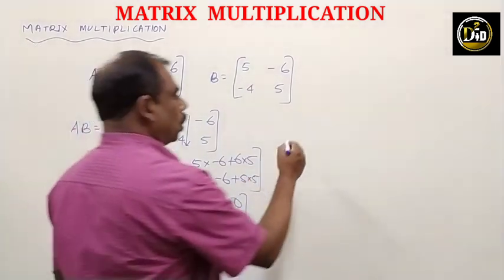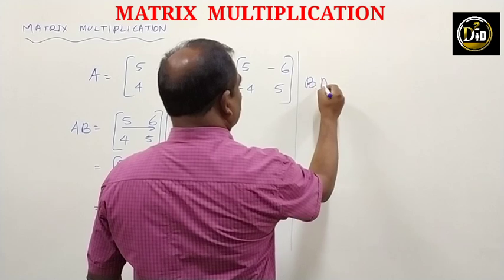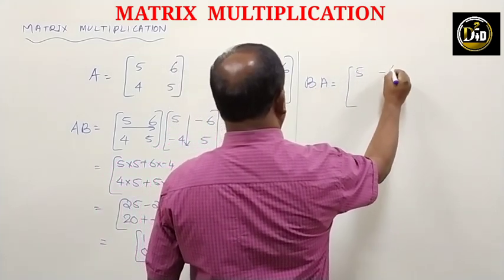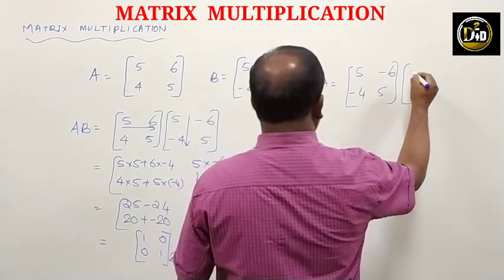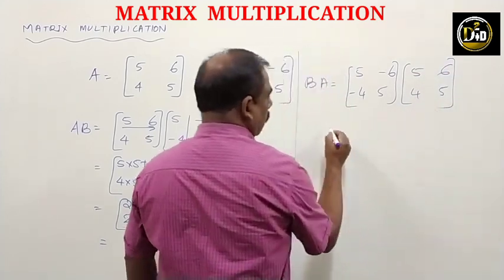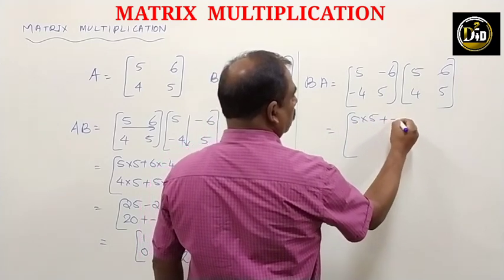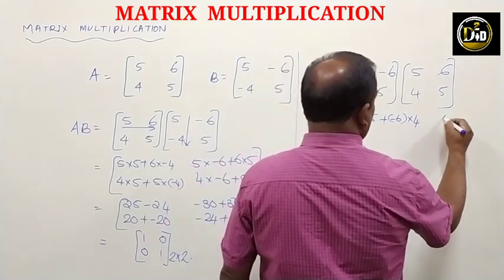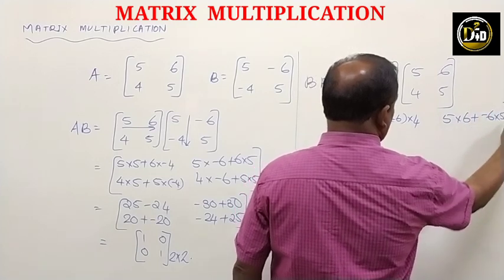We look at the product B into A. B into A is equal to, B is 5, minus 6, minus 4, 5, and A is the matrix 5, 6, 4, 5. We get the product as 5 into 5 plus minus 6 into 4. The second element, 5 into 6 plus minus 6 into 5.